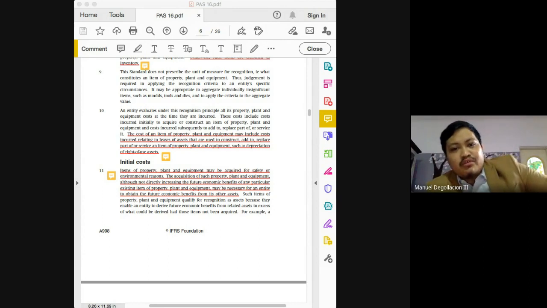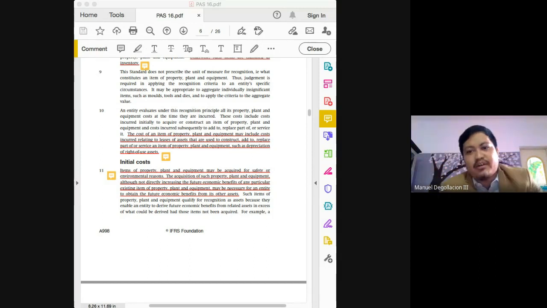So the general rule is that only initial costs can be considered as directly attributable costs, because again, the logic here is if we're talking about subsequent costs, it does not make sense that these subsequent costs can be considered as a directly attributable cost, can be considered as a necessary and unavoidable cost. Because how can it be considered necessary? How can it be considered unavoidable when it is only incurred after the asset has already reached its intended use, location, and condition?